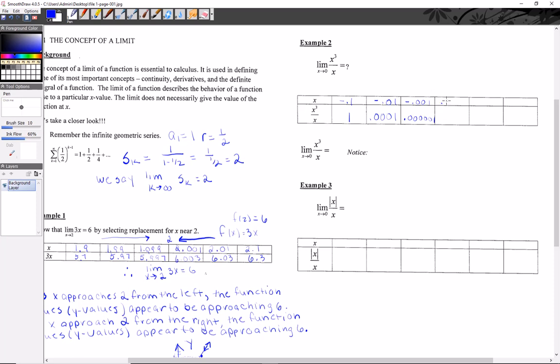So 0.001 in the positive, and that'll give us, again, 5 zeros and a 1. And if we get a little further away, 0.01, that'll give us the same as we have over here, 0.0001. And if we go to 0.1, then we'll get 0.01.